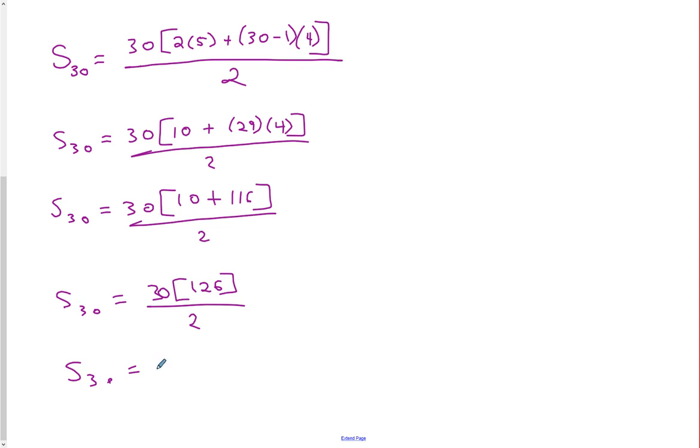So that's going to work out to 1,890. So that's what we get when we add up all the first 30 numbers in that series. Okay, so that is our formula for this series.